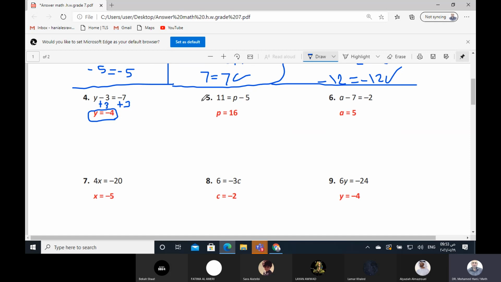Exercise 5. We have 11 equals p minus 5. Here we have minus 5, so add plus 5 to the two sides. Minus 5 plus 5 will be 0. So remains here p, and 11 plus 5 will be 16. So the solution will be 16.